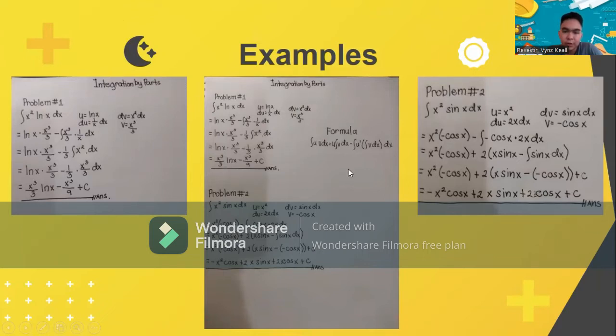We use this formula, and the problems that we're going to solve are the integral of x squared ln of x dx and the integral of x squared sine x dx using integration by parts.